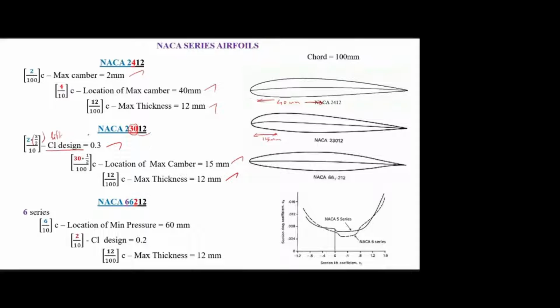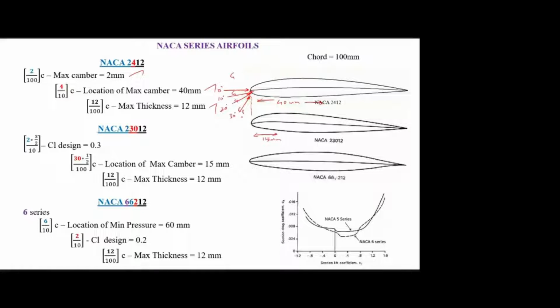And this CL design I will explain. For example, if you take this airfoil, assume this is 0 degree, this may be 10 degree, 20 degree, 30 degree angles of attack, like that. For every angle of attack we will get a different CL value.